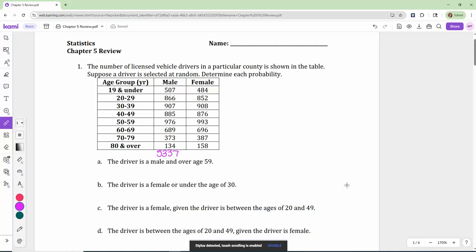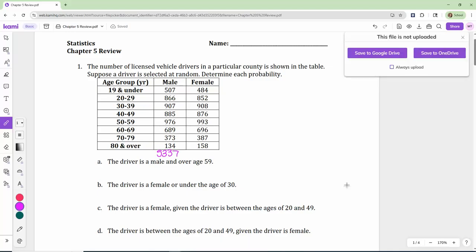Okay, what about females? So total, if we add those together, okay.